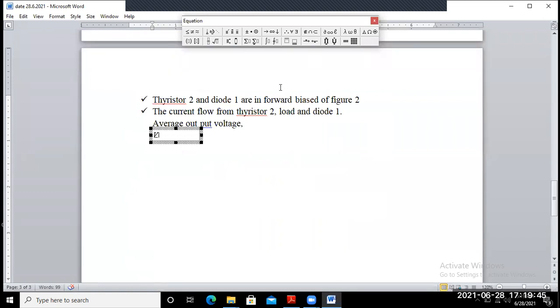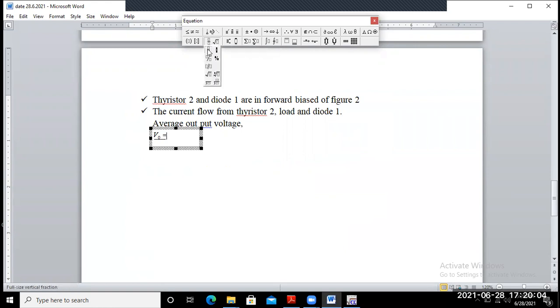V0 equal to 1 by time period, integral from 0 to time period of Vt dt. So what is the time period for this output waveform? Time period is 2 pi.